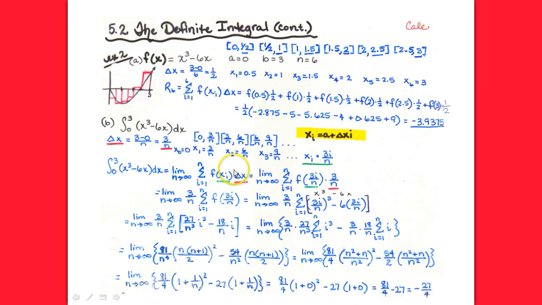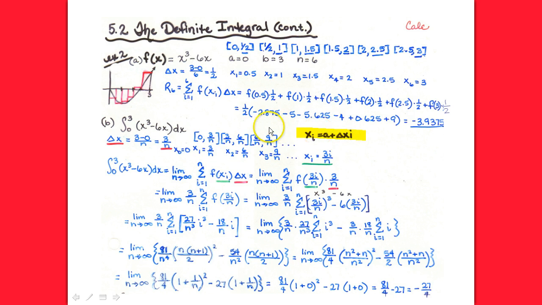So we have found the change in x is 3 over n, so let's go ahead and put that in the place of change of x in our formula. Now the only thing that we need to find is x sub i to fill in. X sub i, this formula is not in your textbook, but x sub i is going to be your a value plus the change in x times i.